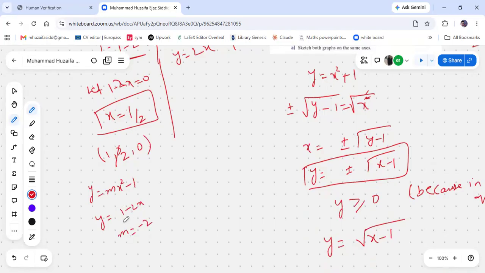Comparing this equation and this equation, m is equal to minus 2 and c, or y-intercept, is equal to 1.